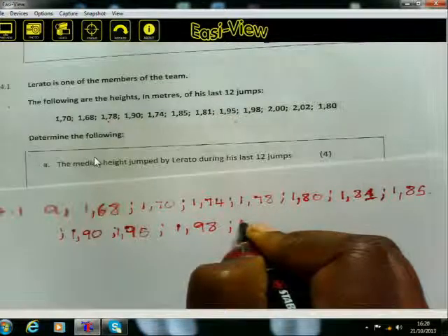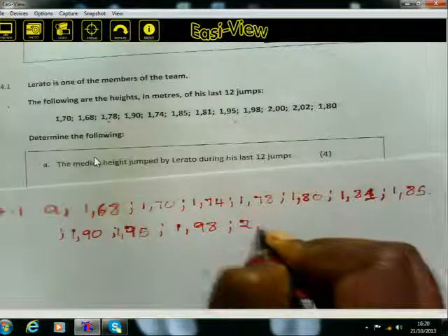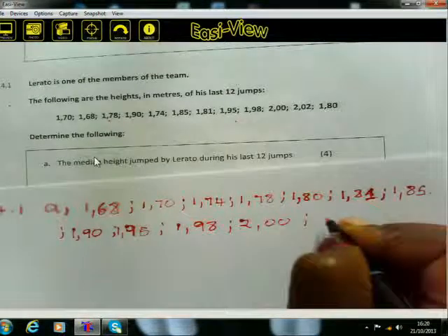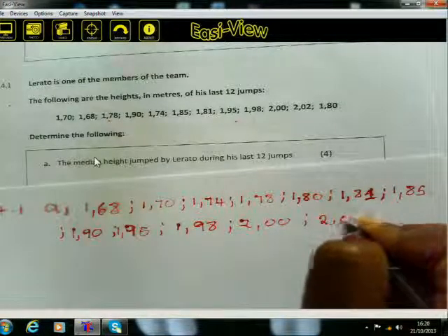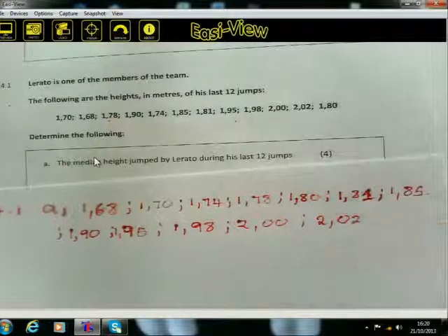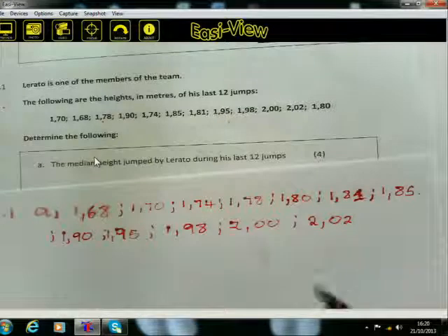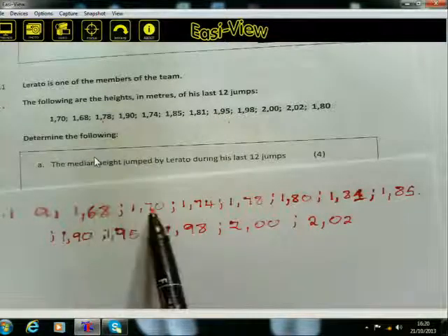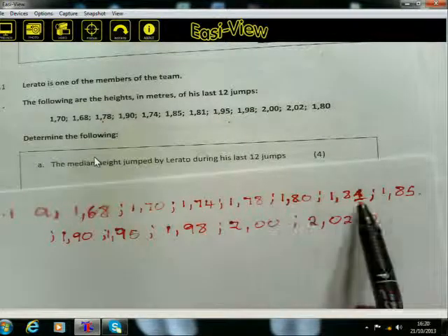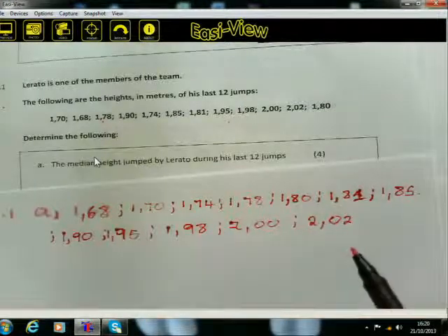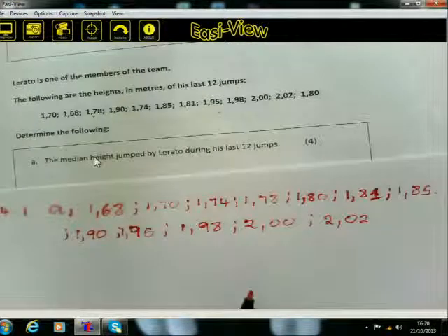We'll have 2,00 semicolon. Will have 2,02. Let us count quickly whether we are having 12 numbers. 1, 2, 3, 4, 5, 6, 7, 8, 9, 10, 11, 12. So we've got 12 numbers.